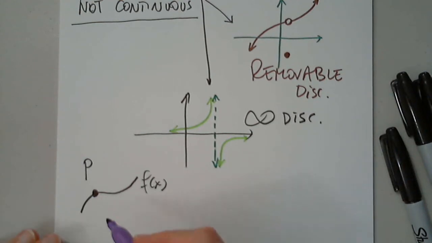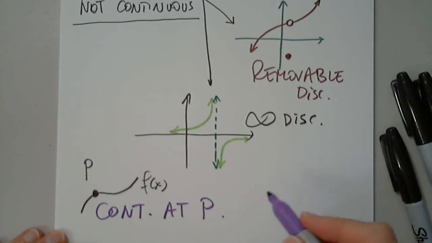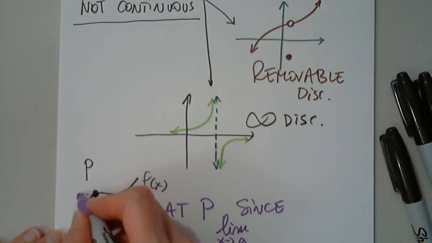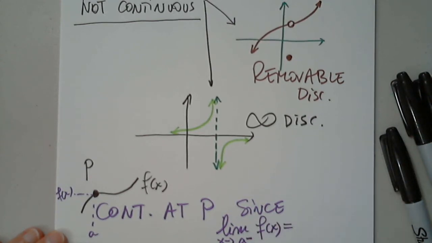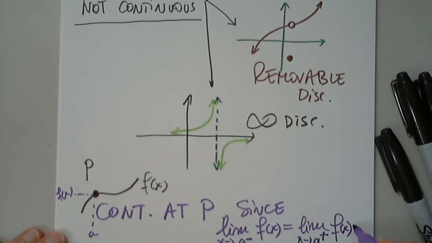It is continuous at P. Why? Since the limit as x approaches a, of course this is my a and this is my f of x, as x approaches a from the left of the function equals the limit as x approaches a from the right of the function, and also equals f of a.